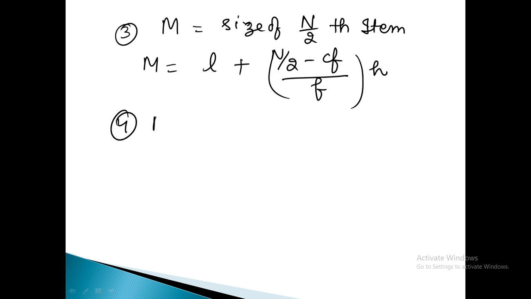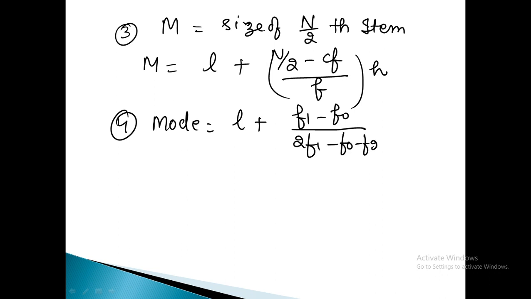And for mode, you can use this formula: L plus (F1 minus F0) over (2 F1 minus F0 minus F2), multiplied by h. These are the formulas for calculating mode.